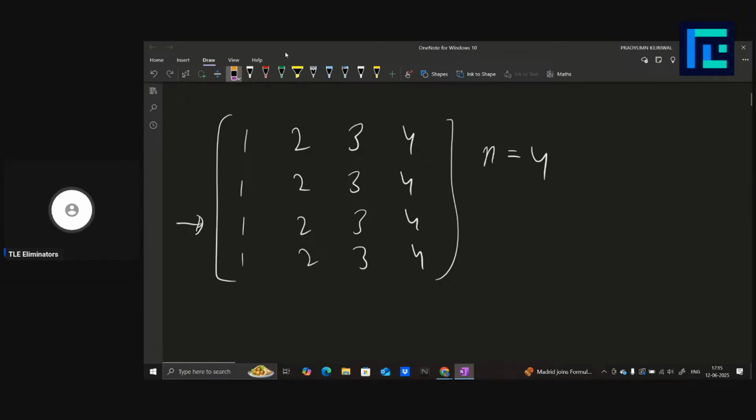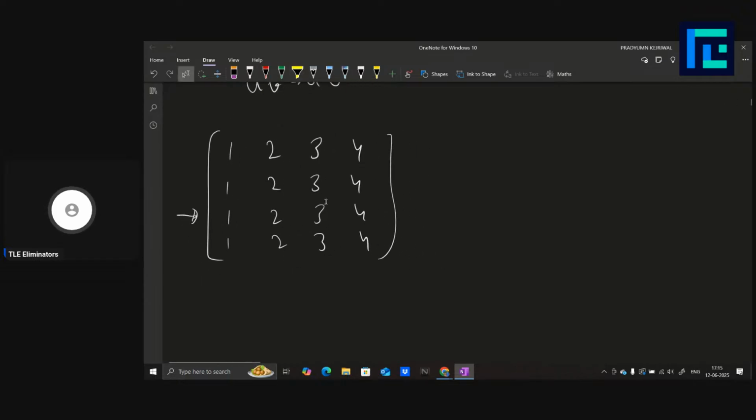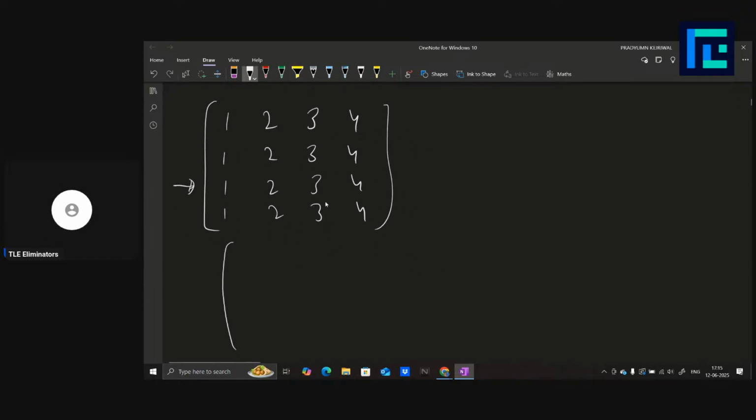So what we can simply do is, just observe what I am doing. Let's say initially I don't change this top row. I am just trying to construct a sequence. So the top row will remain 1 2 3 4. Then I go to the second row.